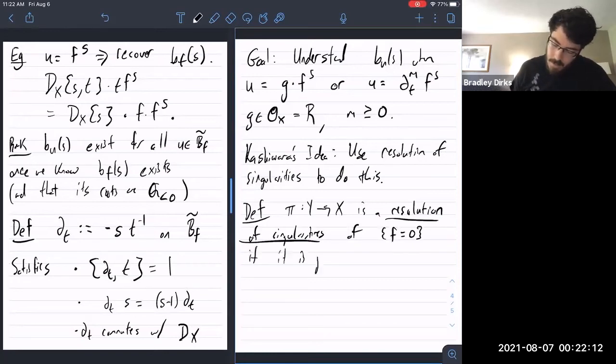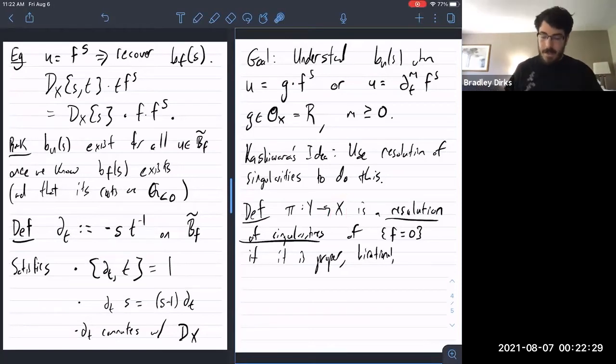If it is proper, which I think we talked about last time. It was basically for us, it preserves coherence of D modules when we do this push forward operation. It's birational, which means there's some open subset on which it's an isomorphism. So if we throw away some closed piece down here, then pi restricted to the inverse image of that will be an isomorphism.